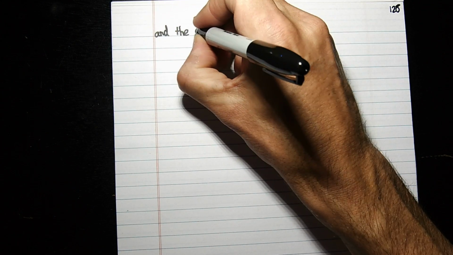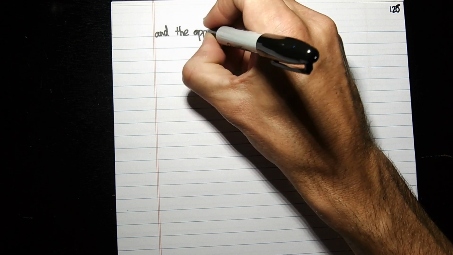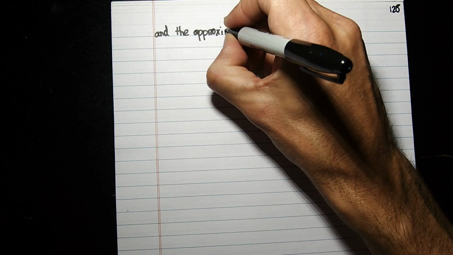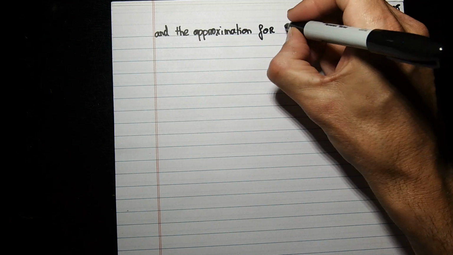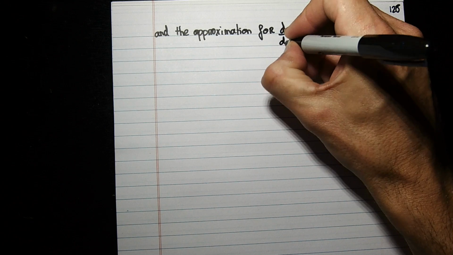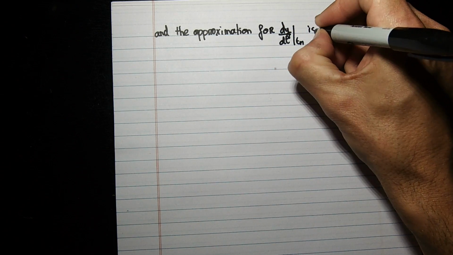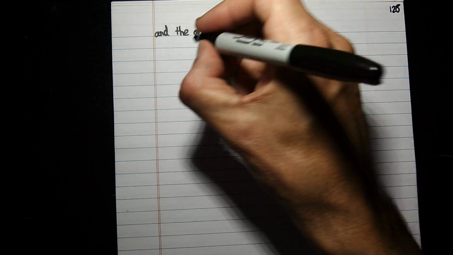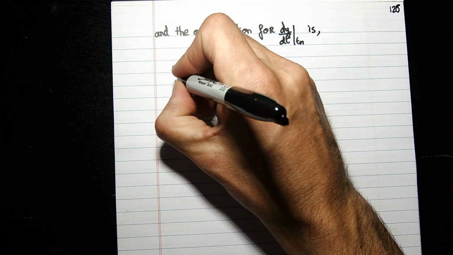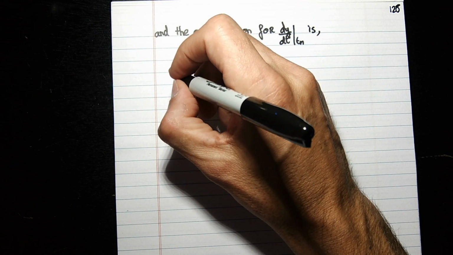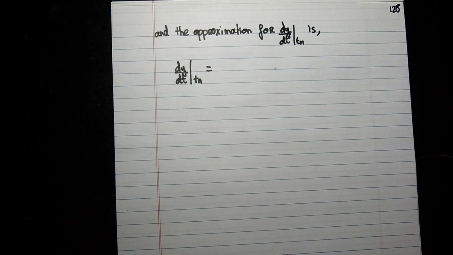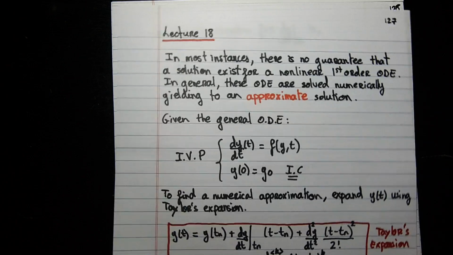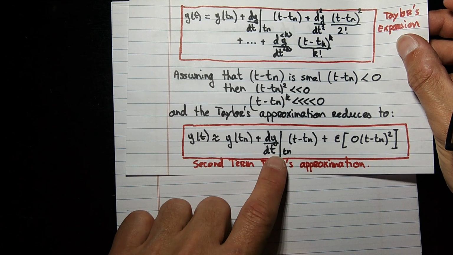The approximation for dy/dt at t_n is equal to what? We see that the term is over here, dy/dt is over here, so we just need to solve for this one.